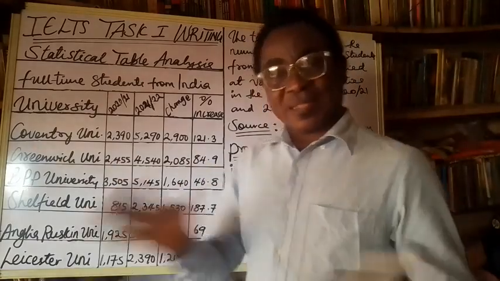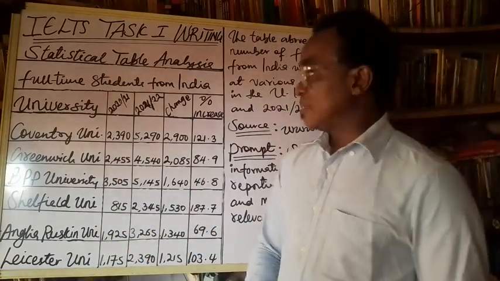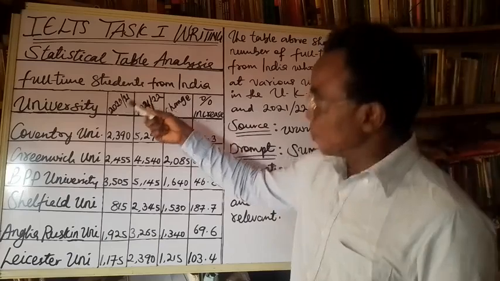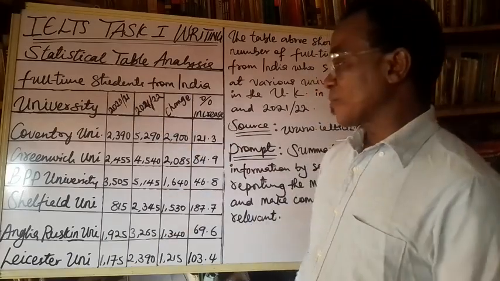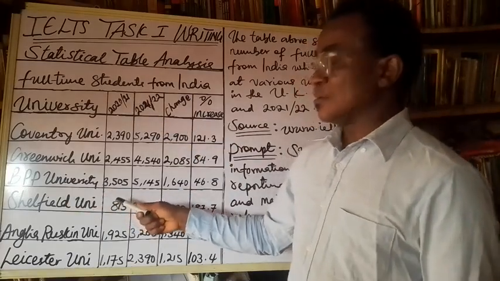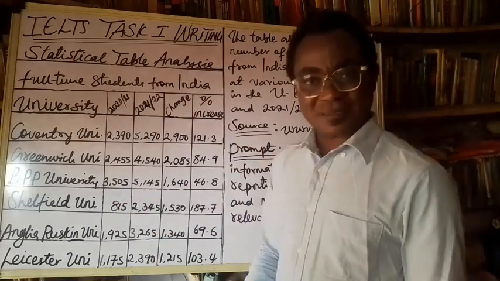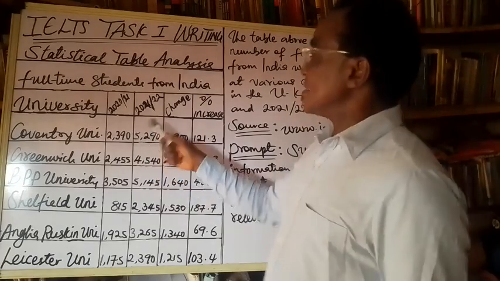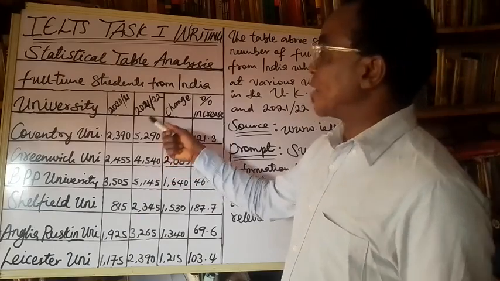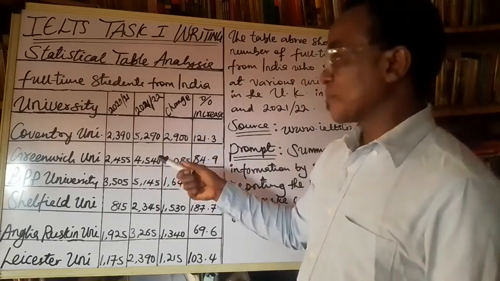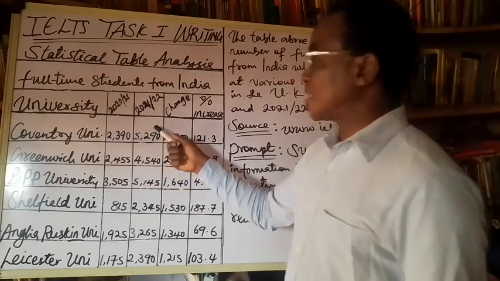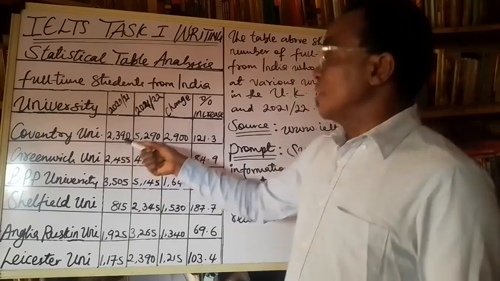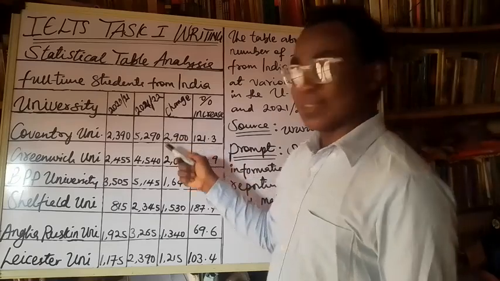Within the period we are talking about, however, in the 2020/21 session, the BPP University topped the list of Indian enrollments. It was the highest. But in the second academic year, 2021 to 22, Coventry University took that position. Its Indian enrollment rising from 2,390 to 5,290.